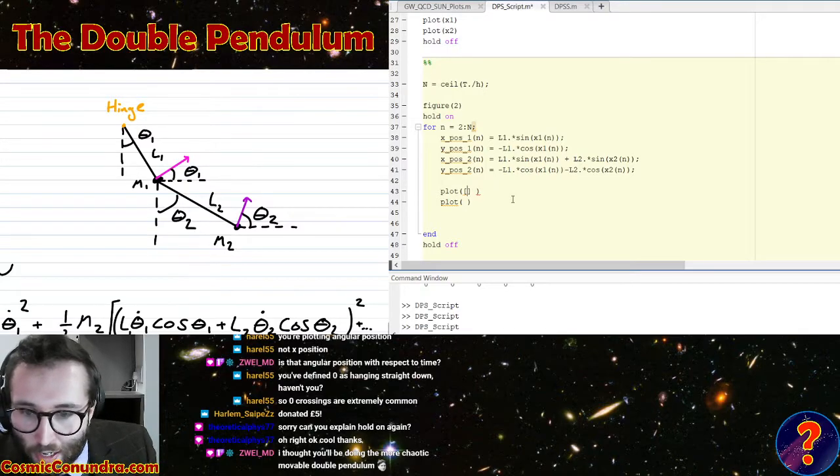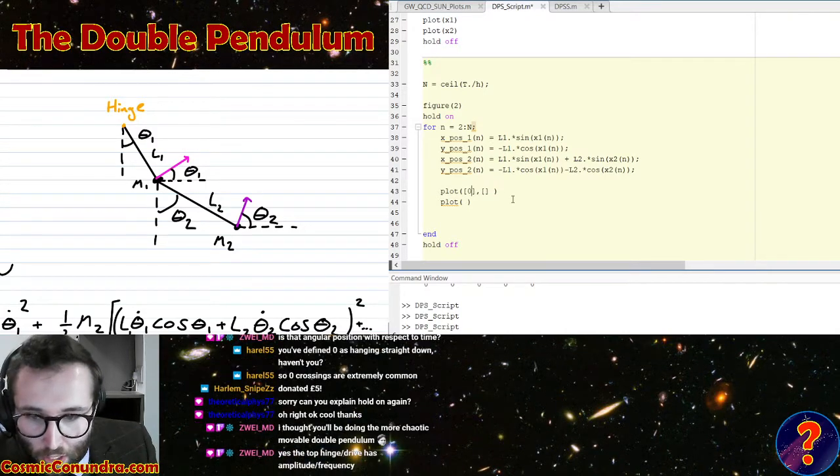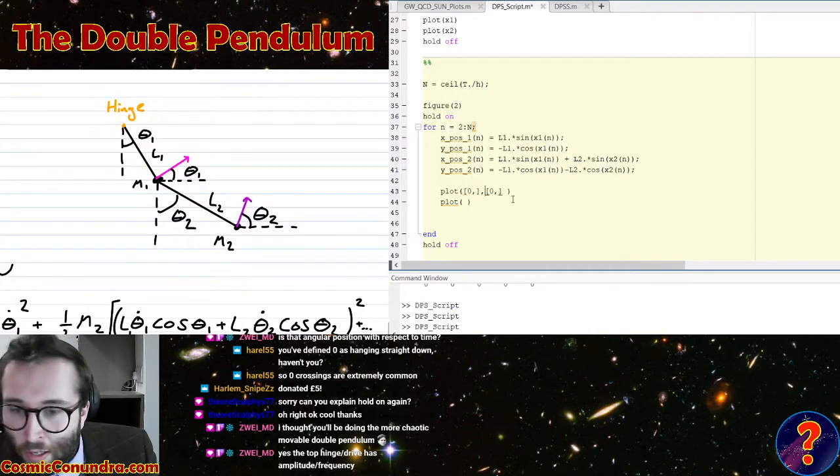Your notation is kind of like this. You've got these two square brackets, and then you put in the first coordinate, where you want to start drawing the rod from. The first square bracket contains the x coordinates.